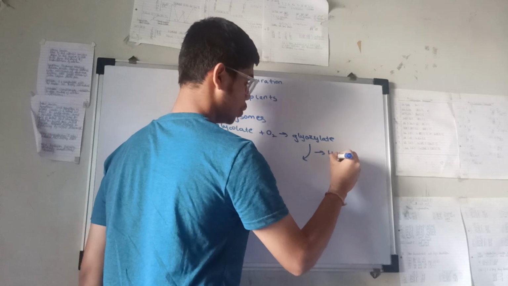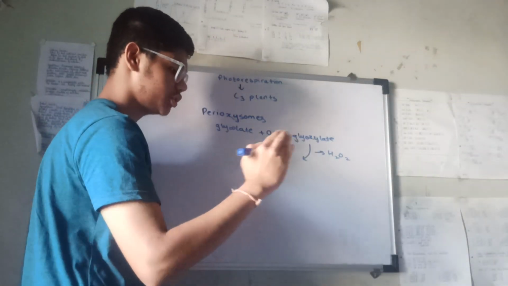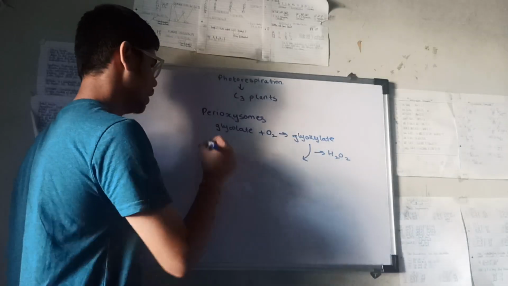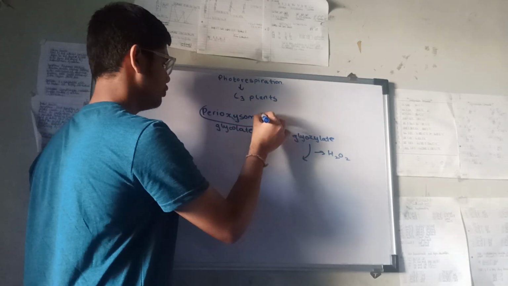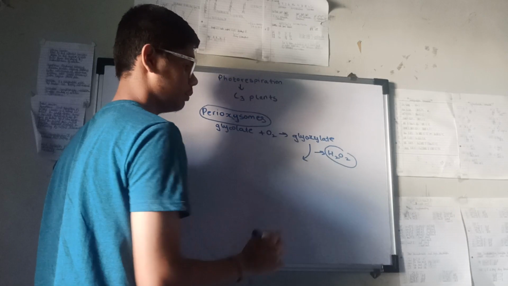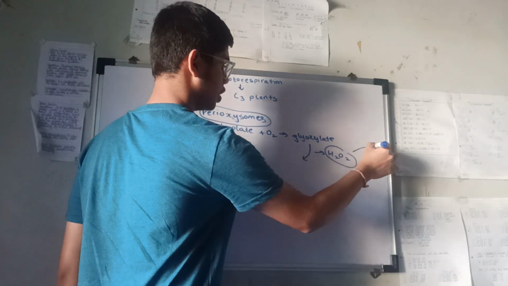The H2O2, that is peroxide, is removed out of the cell because it is very dangerous to the cell. As in the cell chapter we have studied, peroxisomes have the function to convert this peroxide into water, because peroxide is very destructive for the cell. So this is gone out.